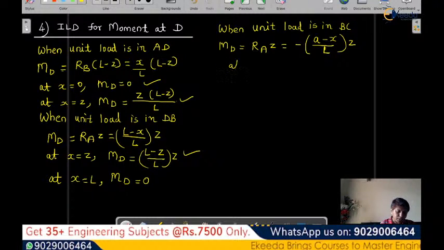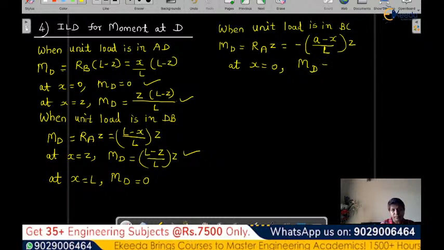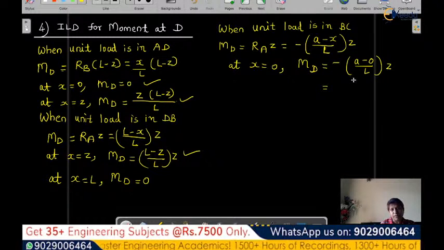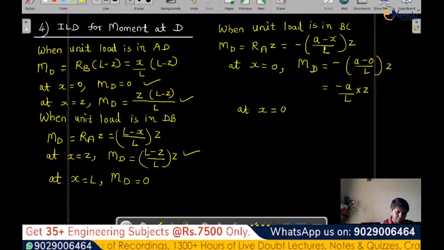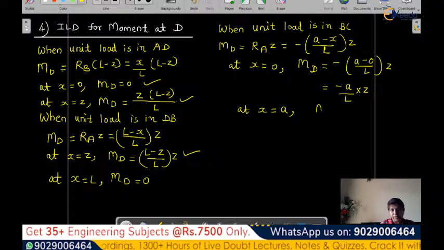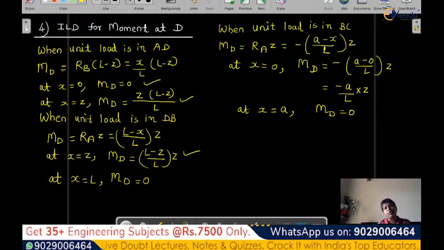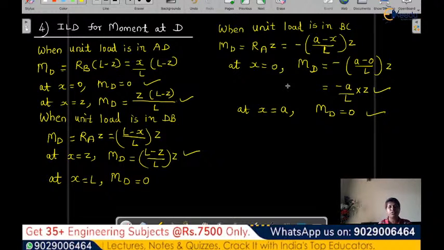So at X equal to 0, moment at D will be minus of (A minus 0) by L into Z. So that will be minus A by L into Z. And at X equal to A, moment at D will be A minus A, 0. It will be 0. So now we got these values to plot.